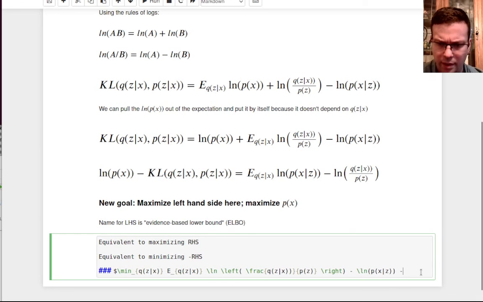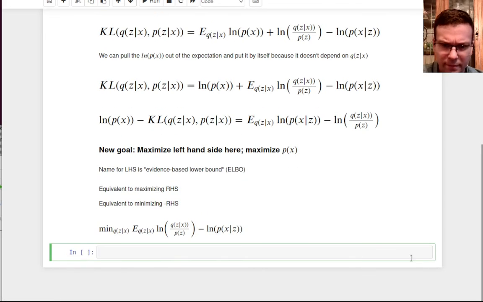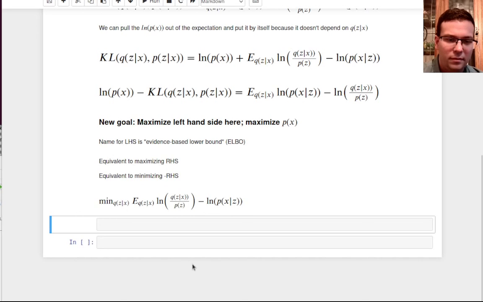So let's just look at that and see if that looks right. I just negated this and I negated this, and the max turned into a min. So this is what I'm trying to do now. It's interesting, if we look at this term here, this is actually a KL divergence of Q z given x and P z. And so that's how I can treat this expectation, and then I'll just subtract the expectation of that.